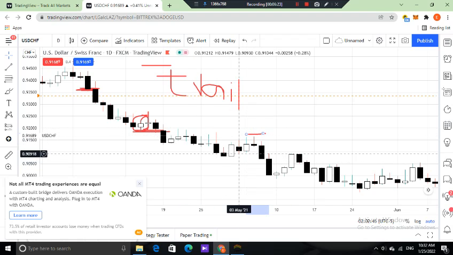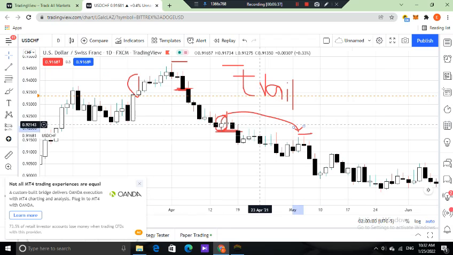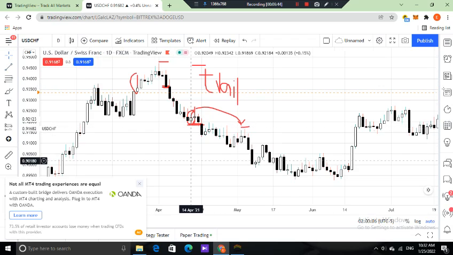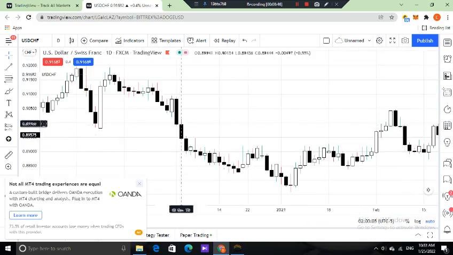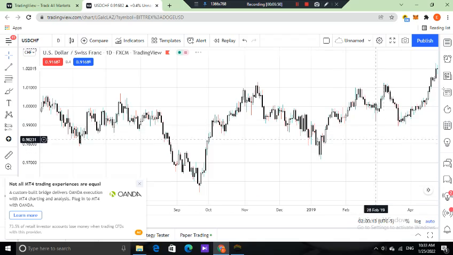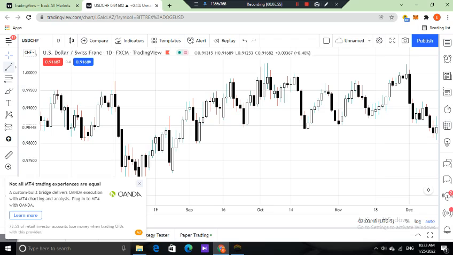After a breakout below this pullback, you can trail your stop loss and move it from here to this point, to this point, and that's what you do. How about a bull trend? In a bull trend, what should we do? That's a good example.